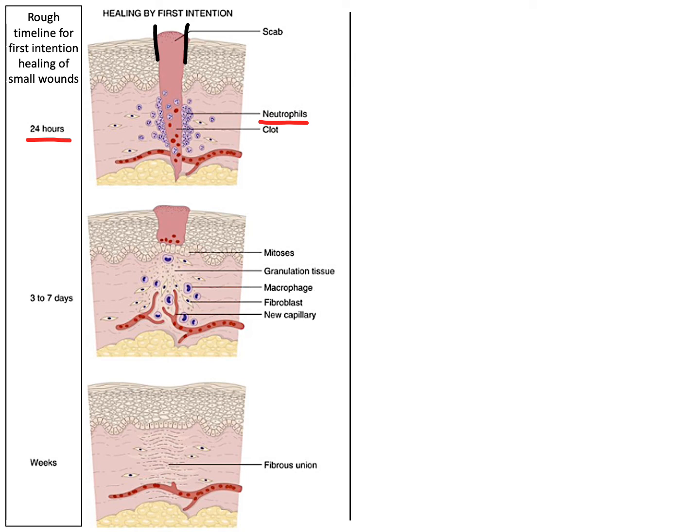So the neutrophils are the first responders on the scene. There's a couple other things going on here too. You've got a clot, so you've stopped the blood. This cut has made it through a blood vessel, so you've stopped the bleeding and made a scab. That's all within the first 24 hours of a typical first intention wound.